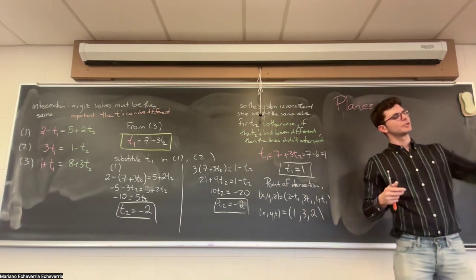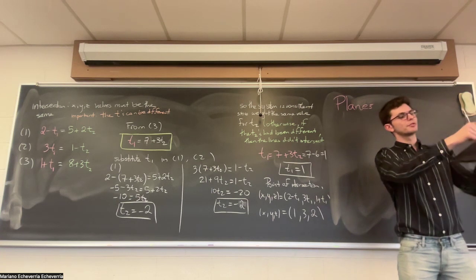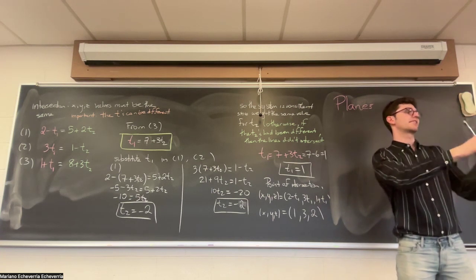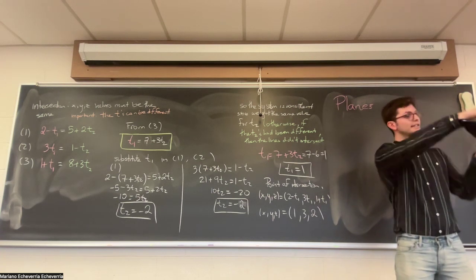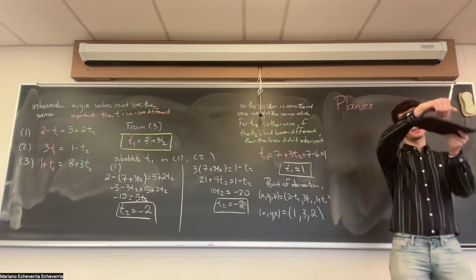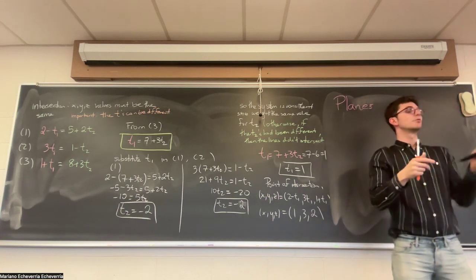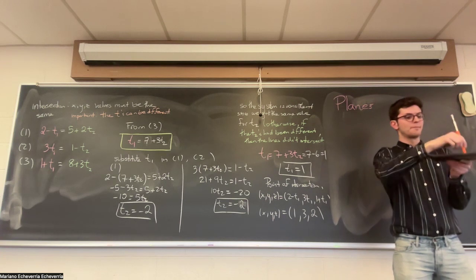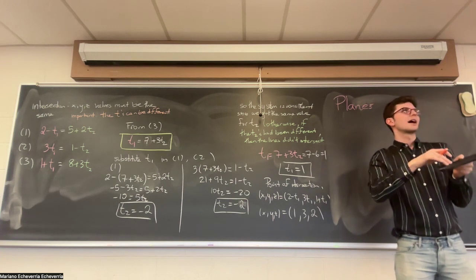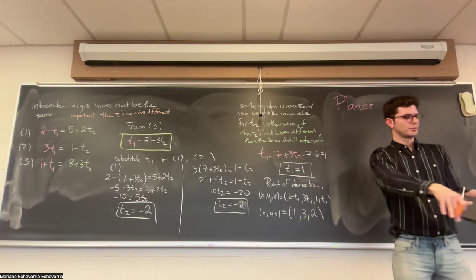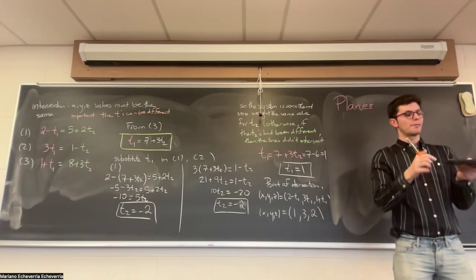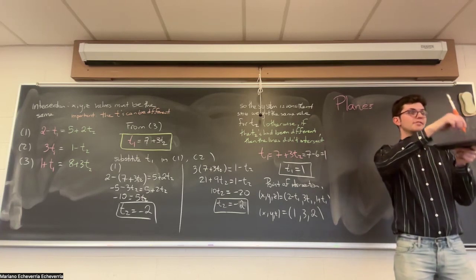So to specify a plane, what we're going to ask for is a vector perpendicular to it. This is called the normal vector, so I'll write that down in a moment. Once you know the normal vector, you know how the plane is tilted with respect to the floor, okay? But there are still many planes that have the same normal vector.